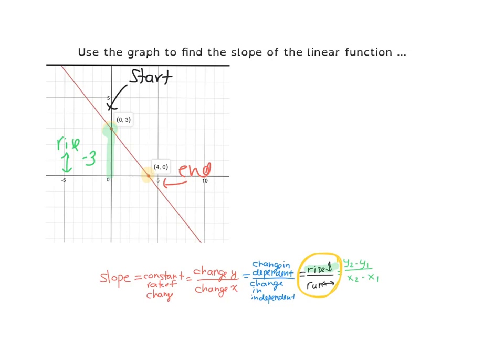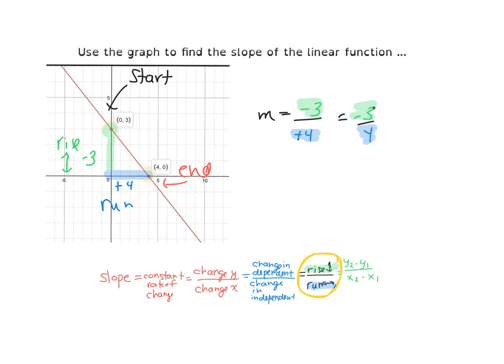Now the run is how far left and right would I have to go. So if I was here, I'd have to go this way. And that is the run in this formula. So the run, I increased my x value from 0 all the way over to 4. So our slope, the rise was a -3, the run was a +4, and that just reduces to -3 over 4.